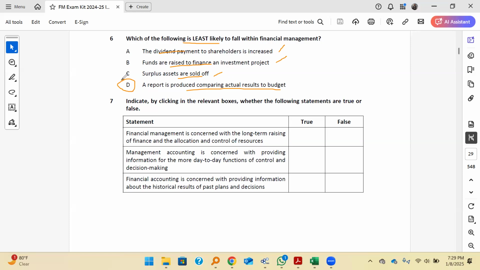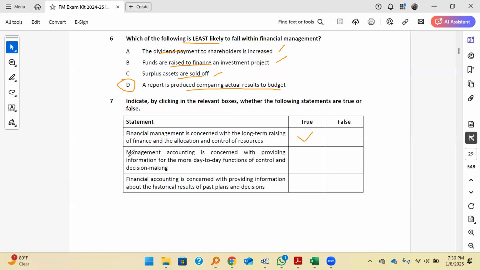Then here they want us to indicate by clicking in the relevant boxes whether the following statements are true or false. So financial management is concerned with the long-term raising of finance and allocation and control of resources. So from what we have talked about, I am sure I should agree that this is true.